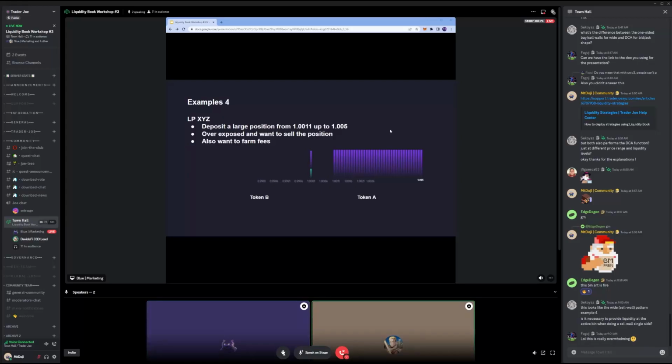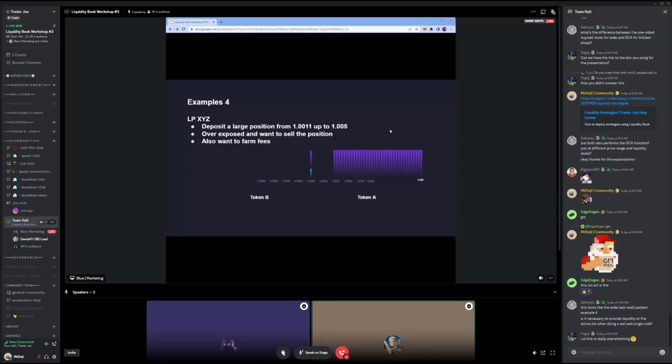We have a question asking if it's necessary to provide liquidity at the active bin when doing a sell wall. Well, first, nothing is necessary, and also the active bin might not be where someone wants to put a sell wall. A sell wall is where the market maker believes they want to start selling.